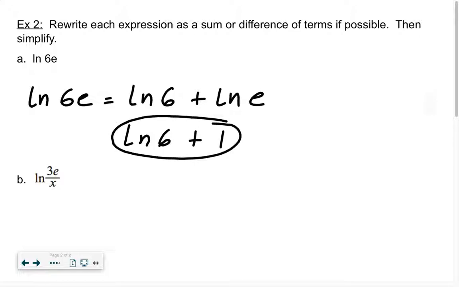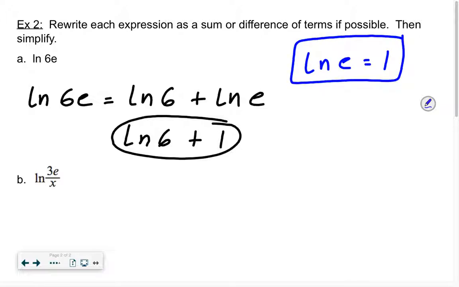So if you would like to put this in your notes, I think you already had it, but you can write it again. Natural log of e is always going to get you 1. Let's go ahead and try b.